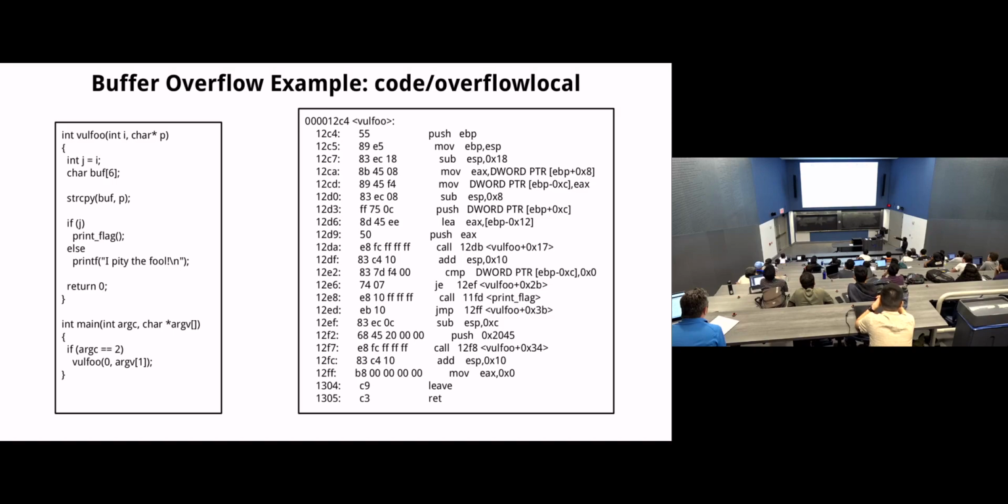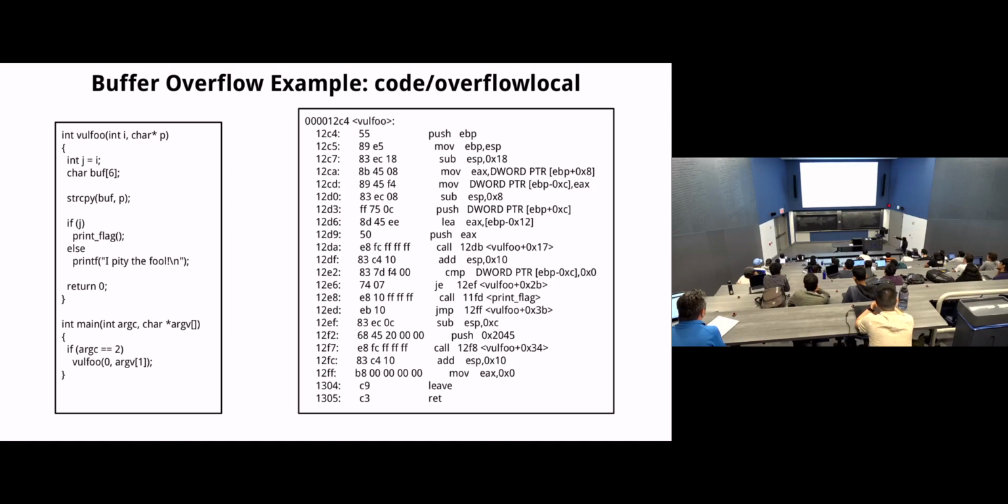So after that, there is a string copy. Who used the string copy before? Yeah. What string copy does is copy a string from the second parameter to the first one. You can see the second parameter is p. What is that? That's our input, right?